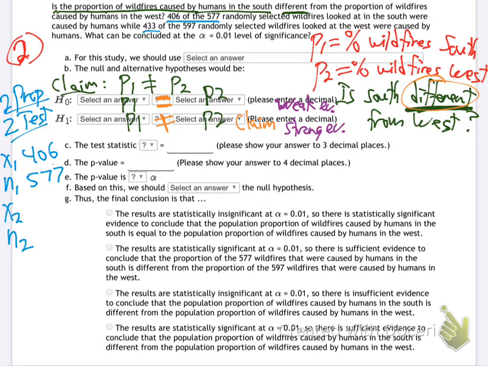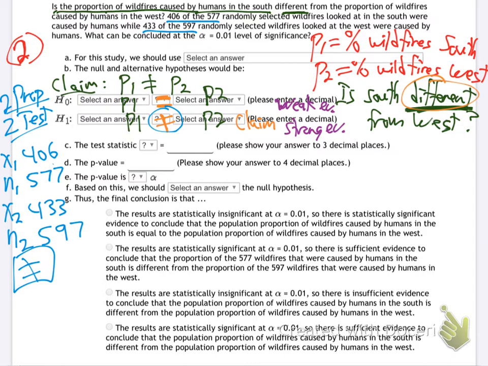And the x2 and n2: 433 and 597. Put all those in. And it's a not equals, right? So choose the not equals option and calculate.